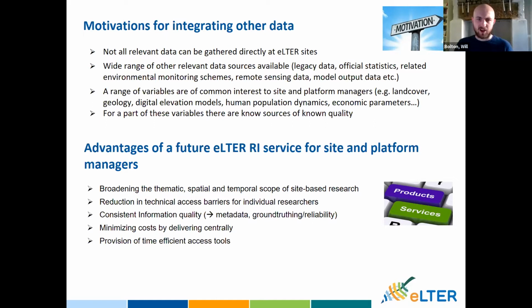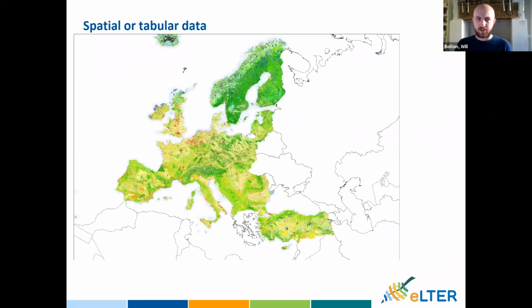When we're talking about other types of data, for today we're just going to think about two types. The first category is spatial data, such as this Copernicus land cover data. In this plot, you can see an example from the Copernicus service where we have land cover data for the whole of Europe.